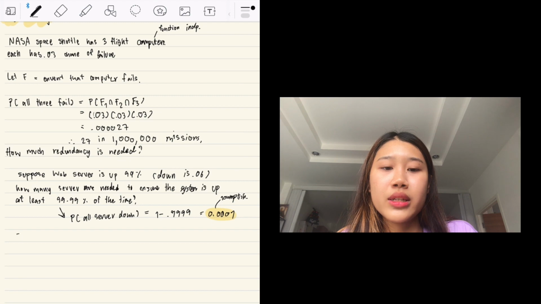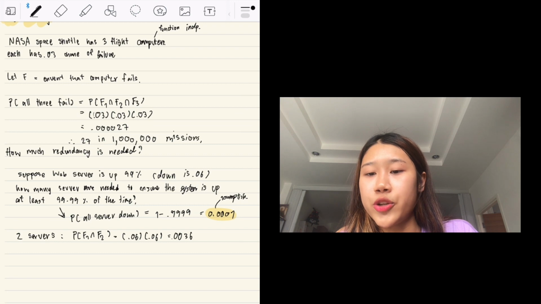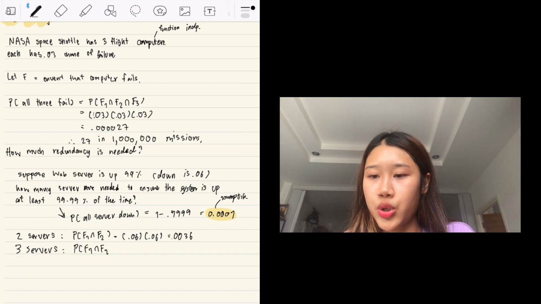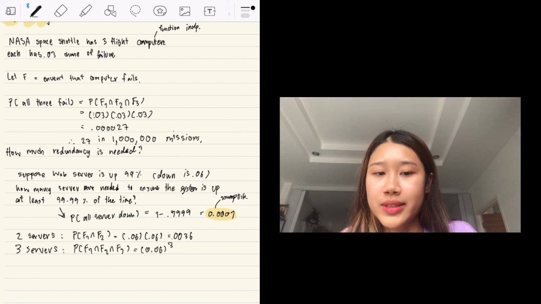Then we look at what happens if we use 2 servers. If we use 2 servers, then it will be 0.0036. So it is not close enough to 0.0001. I think we need more servers.